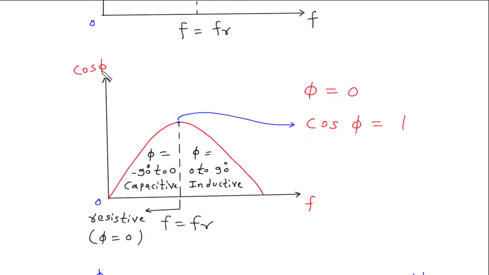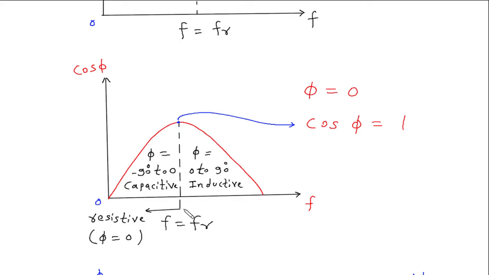This is the relation between power factor cos phi and frequency. So at resonant frequency F is equal to Fr. At this point the power factor will be unity because phi is equal to 0. And at this side, on the left side, this will be capacitive, and on the right side this will be inductive.